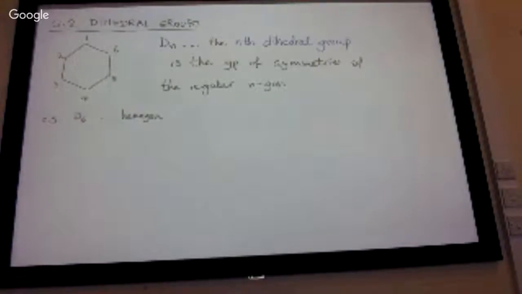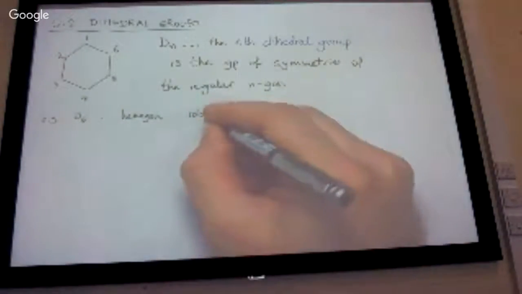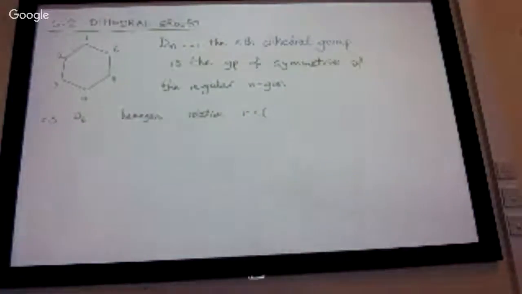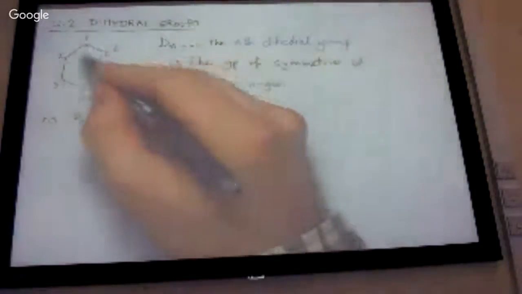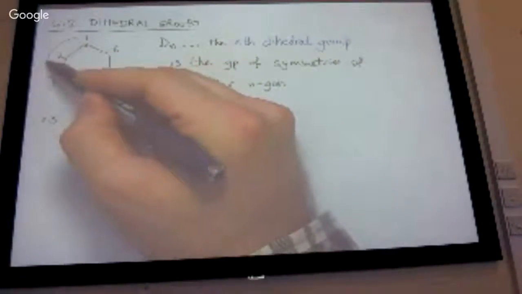So what can you do with the hexagon? You can rotate it. When I just look at the vertices and I rotate it, what's this called?